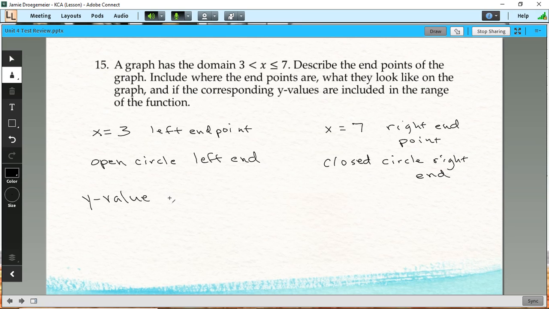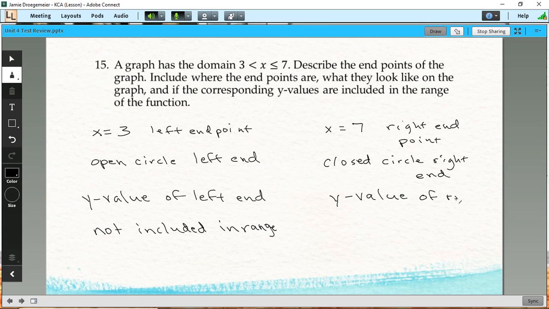So we would say the y value of the left end is not included in the range of the function because of that open circle. On the right side, that one's a closed circle, so that point is a part of the function. So the y value of the right end is included in the range. All right, so hopefully that makes sense with that question.